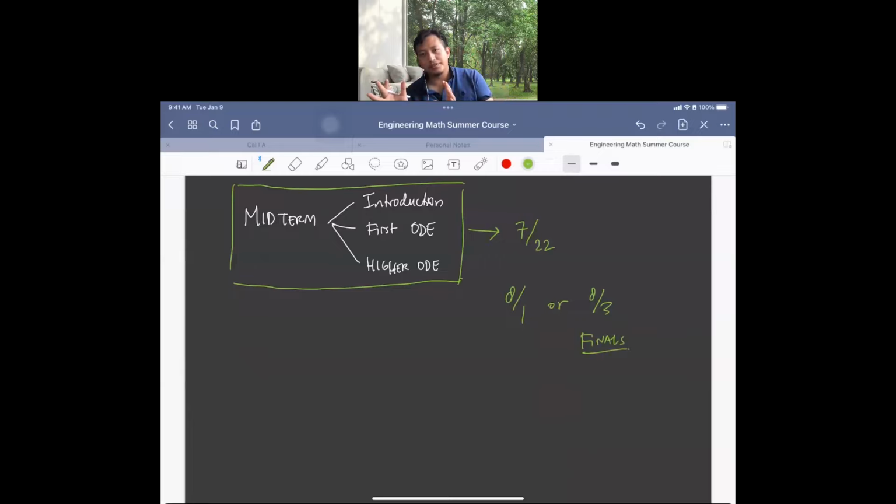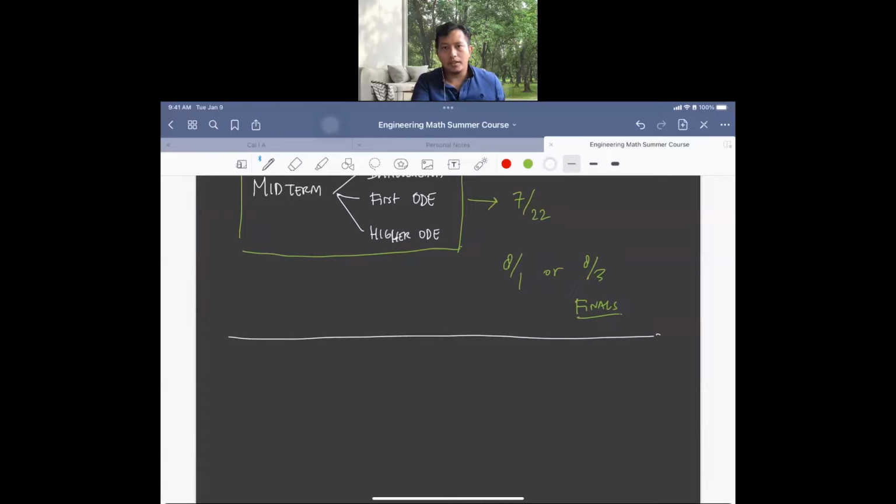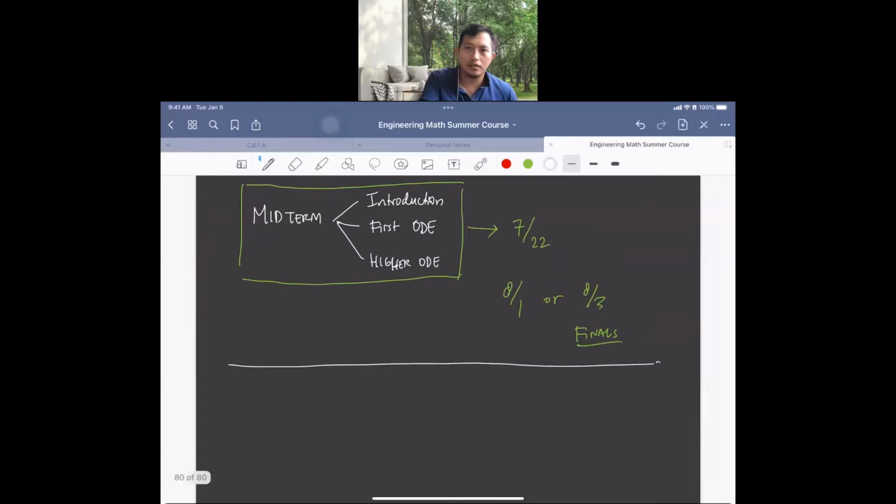And probably for the last part of our lecture, the vector calculus, maybe we can cut some parts and just have the most important ones. Any questions first?